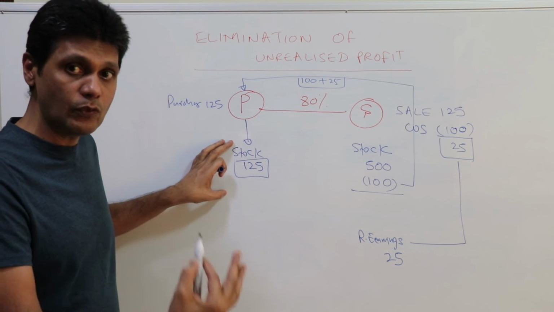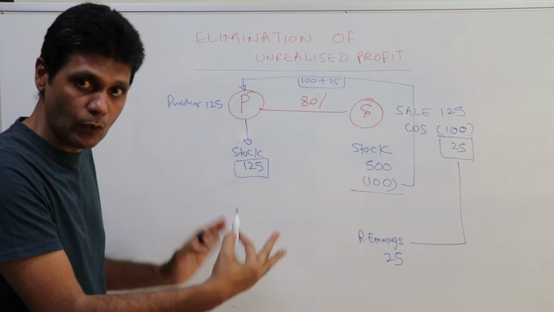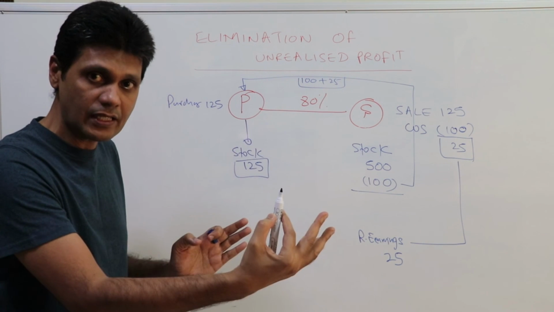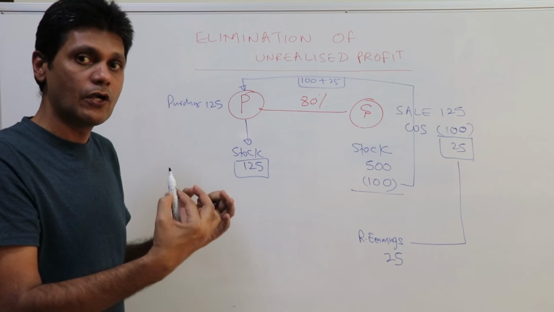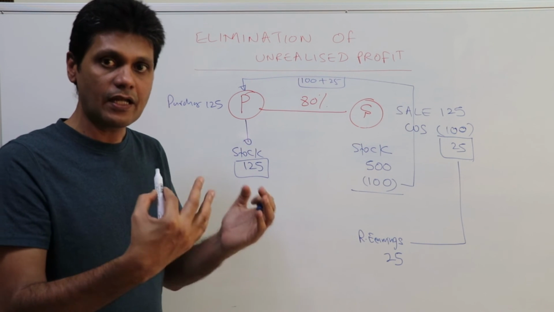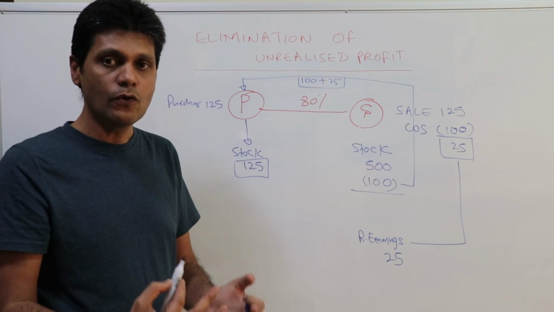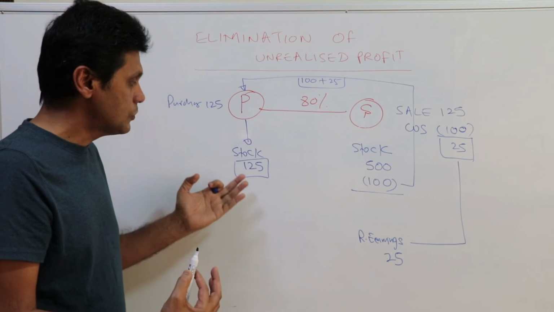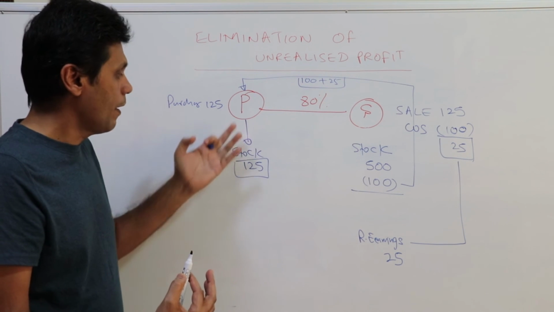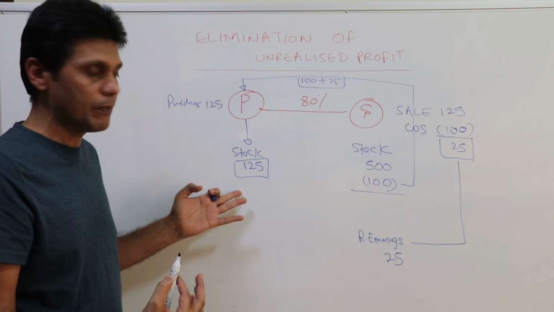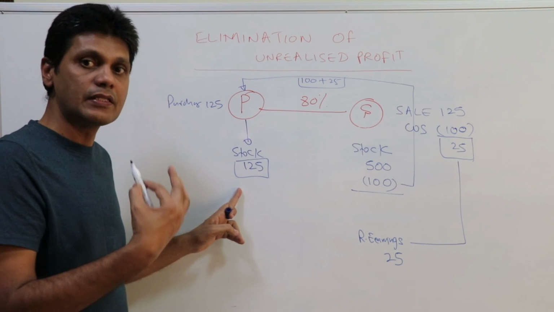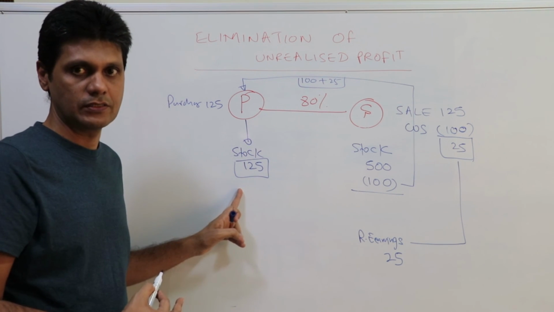As I explained earlier, as far as the group is concerned, if the stocks are not sold to outside customers, the profit is not realized. It's an unrealized profit. So that unrealized profit has to be removed from the stocks of the parent company, because they purchased the goods and it's lying with them with the profit of $25.